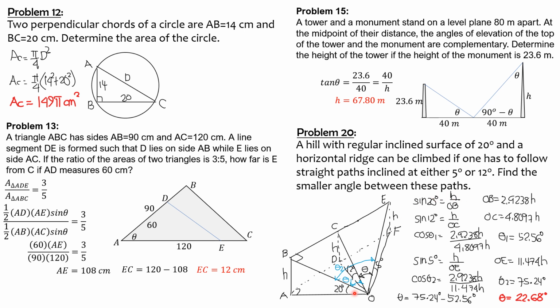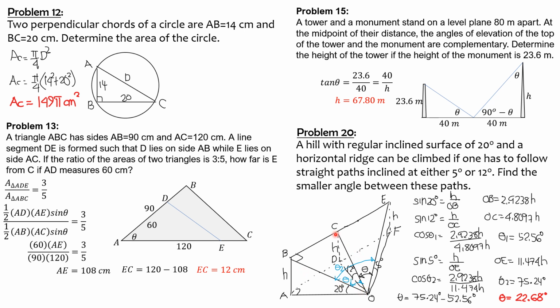So this is the hill, that's the ridge. So imagine that you're fronting directly the hill, with plain hillside, and this is 20 degrees. Let's call this height h. This is 90 degrees also. That's a right triangle. Then the path, which is 12 degrees, should be closer to this.